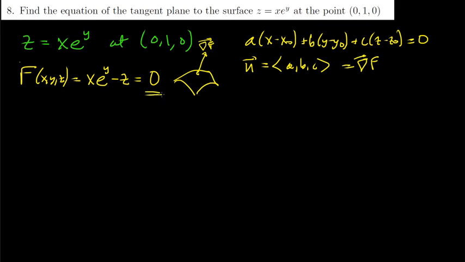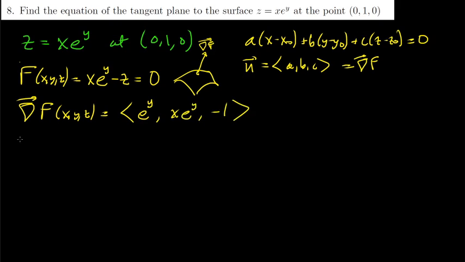So this is the level surface where x e to the y minus z equals 0. It has to be a function of 3 variables so that when you take the gradient, you get a vector in space. So this is just going to be e to the y, x e to the y, and then negative 1. So our particular normal vector is just the gradient at the point 0, 1, 0.